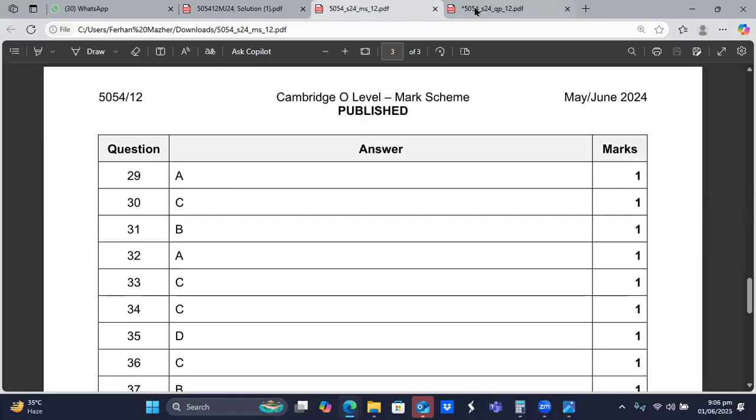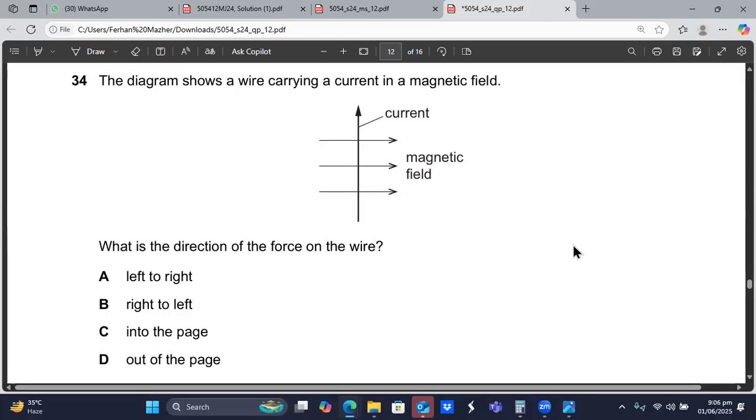Question number 34, C is the option. In this question, I am using the left hand rule. In the left hand rule, when you stretch the thumb, the index finger and the middle finger mutually perpendicular to each other, your index finger should be along the magnetic field, and your middle finger should be along the conventional current.